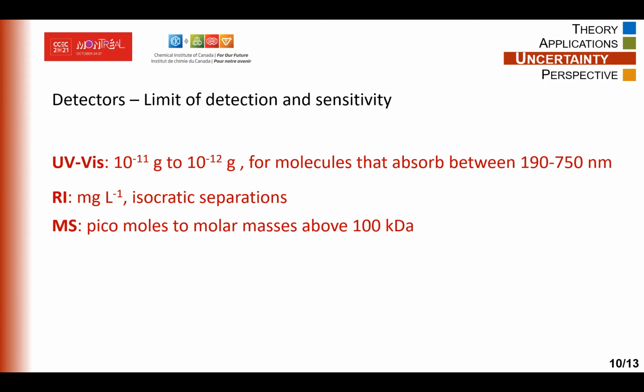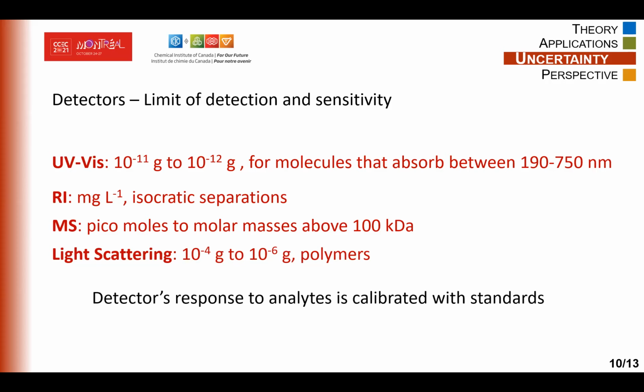The lowest limit of detection is in the order of picomoles, but you can also see molar masses above 100 kilodaltons. And light scattering is less sensitive than other techniques, but it's very useful for polymers. Normally the higher the molecular weight of the polymer, the higher the resolution and the sensitivity.